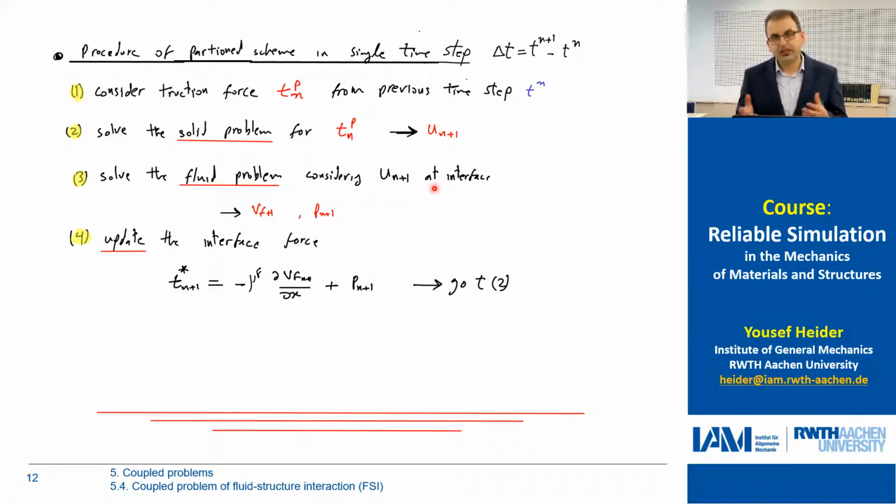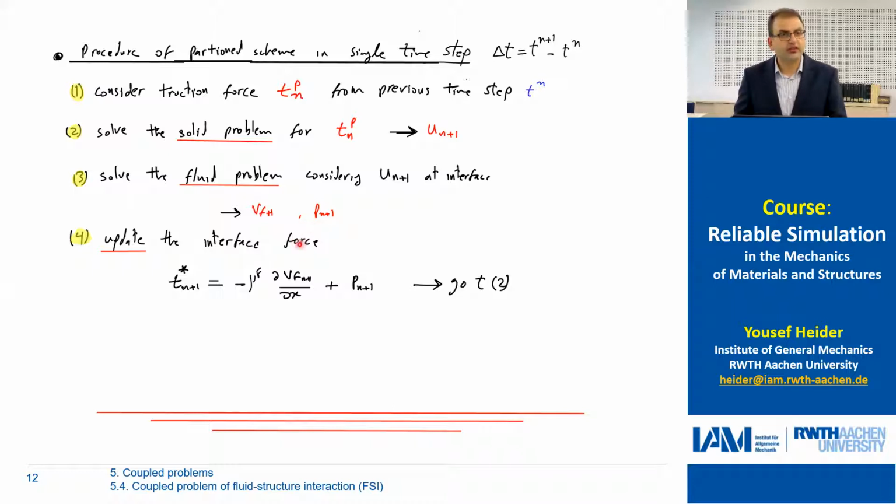Remember, we have the kinematic consistency, which is then considered as a kind of Dirichlet boundary condition for the fluid subdomain, because it's exactly the displacement. Or in this case, we should compute the velocity, because the velocity is unknown for our fluid problem. Then we solve the fluid problem to compute the velocity and pressure at each point of the domain.